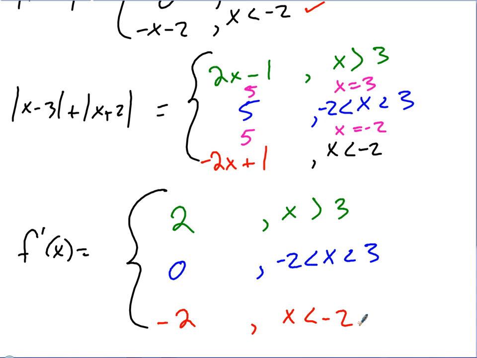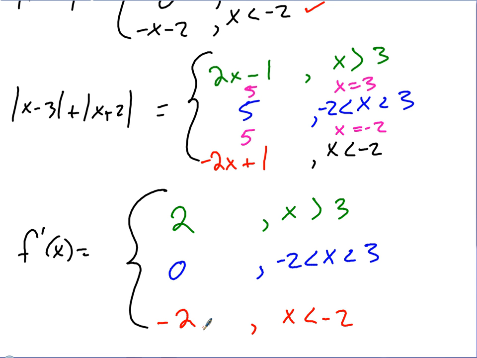Okay, now what about at x equals 3 and x equals -2? What can you tell me about the derivative at the boundaries there? Technically, it looks like it should be 0, right? But can we do that? Can we go from a slope of -2 instantaneously up to 0, instantaneously up to 2 at the boundaries? What's that going to look like? Sharp corners, right?